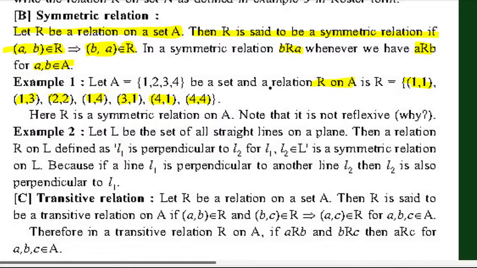So if we are supposed to add (1,2), then we must also add (2,1). But if we write all these elements but not (2,1), then it will not be called a symmetric relation. So here R is a symmetric relation on A, but it is not reflexive. Why?